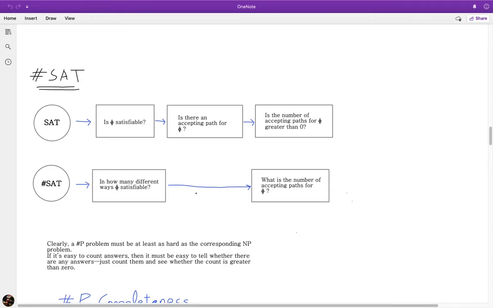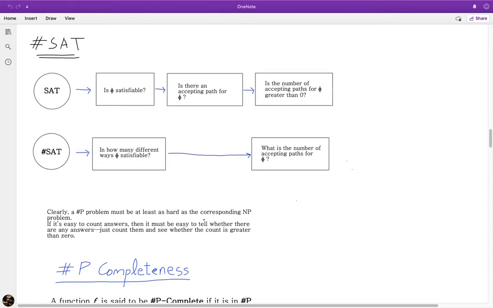Here it is not about deciding something, whereas in SAT it is all about deciding a specific thing. So is there an accepting path for phi? This is a deciding question, it gives yes or no. Here there is no deciding part to it.